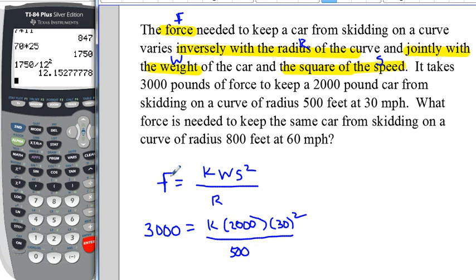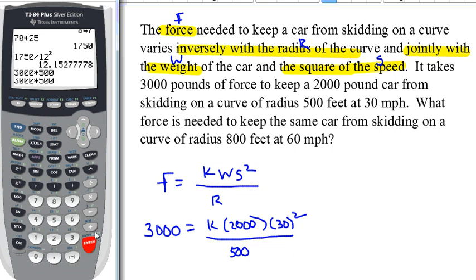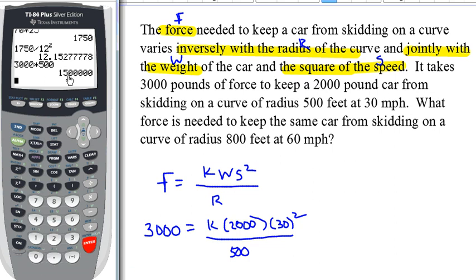Okay, so then let's start figuring this out. So I'm going to take the 3,000 times 500, so I get rid of the fraction. So 3,000 times 500, and that's going to give me, let's see, it looks like 15 with 5 zeros.